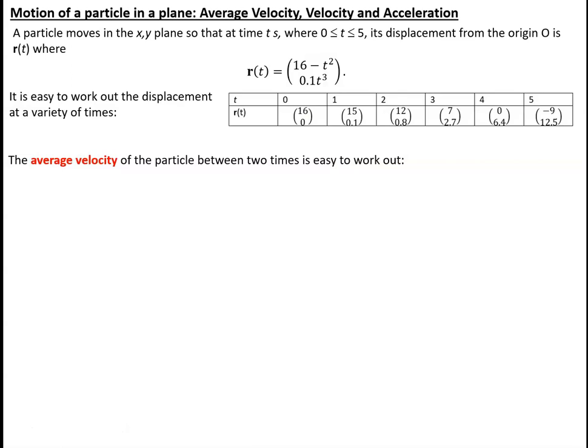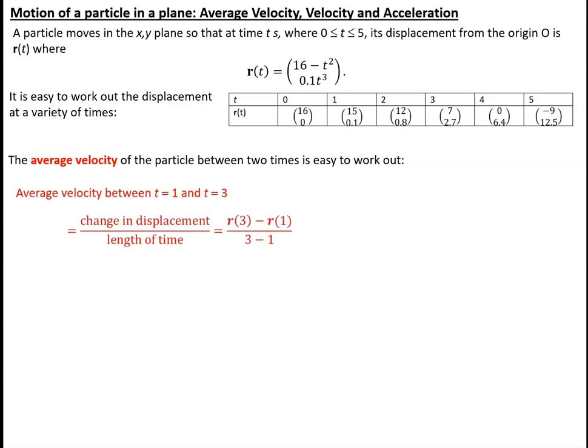So, we've so far seen that we can plot the points and we can draw the path of the particle. The average velocity of the particle between two times is quite easy to work out, because all we need to do is remember that the average velocity between two times is the change in displacement between those two times divided by the length of the time interval between the two times.